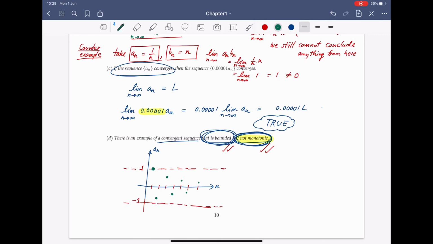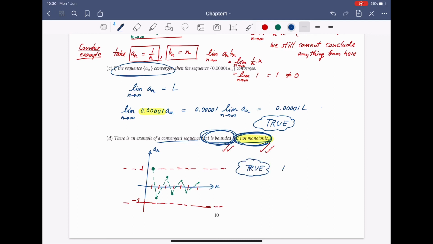So it's guaranteed that this thing goes to 0. That is a lot better, right? So this thing goes to 0 as n goes to infinity. So the answer here is yes or true. So that is an example.